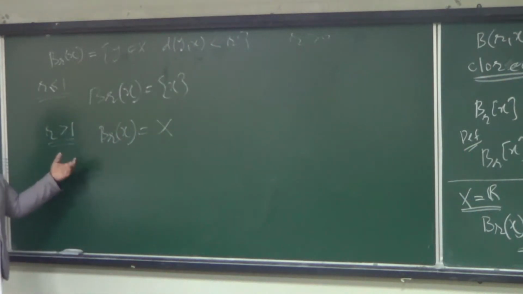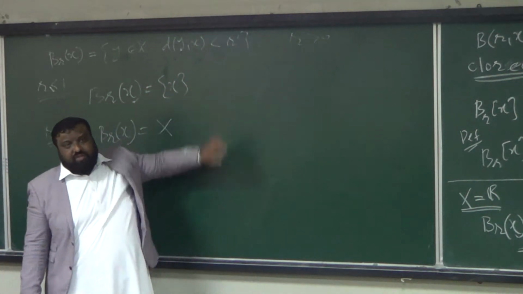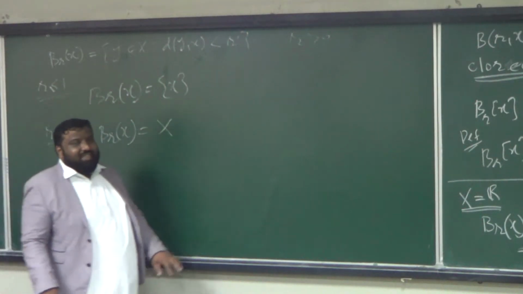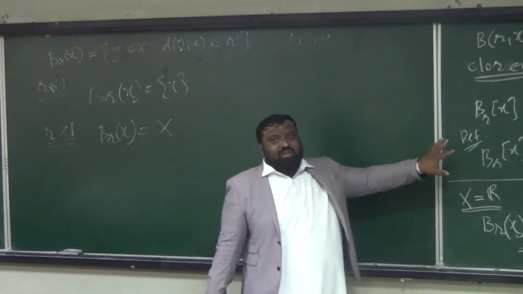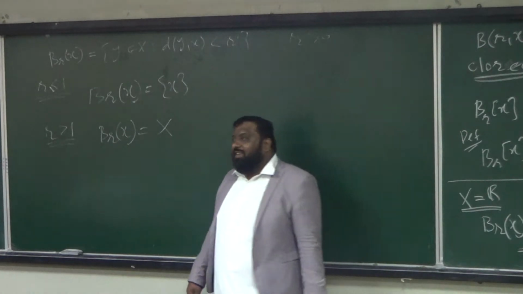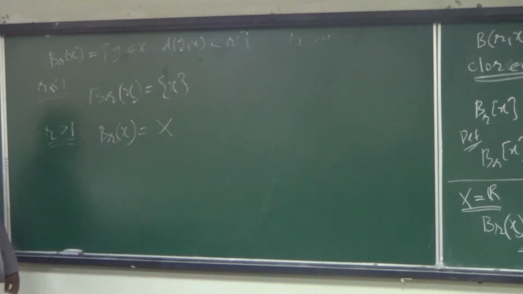So this inequality is going to be satisfied for all points. It's very easy to think in terms of the Euclidean metric, but when you change the metric, things will get weird.